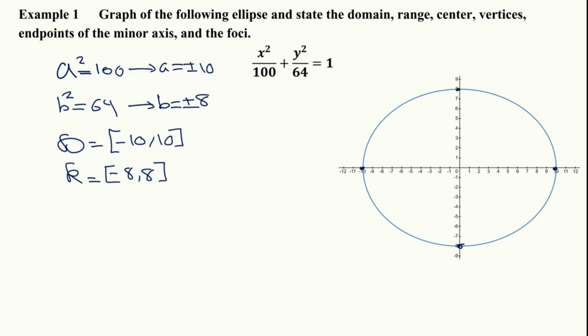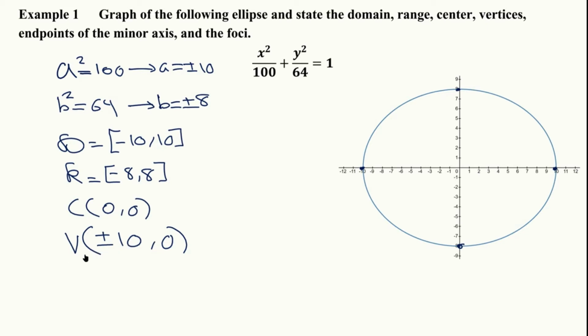All right, so the center for this, of course, is at 0, 0. The vertices are at 10, 0 and negative 10, 0. What we can do is use this compact notation and just put plus or minus 10, 0, and that's actually 2 points, as you know.